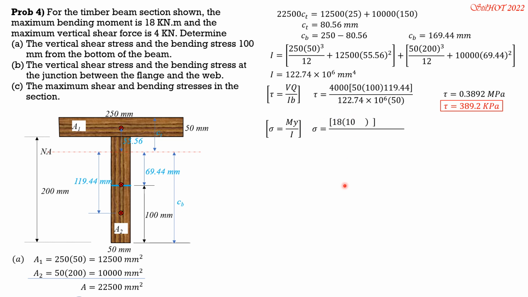So the bending stress at this point or section is 18 times 1000 squared times 69.44 divided by I, 122.74 times 10 to the 6. So cancel 1000 squared and 10 to the 6. So 18 times 69.44 over 122.74, that would be in megapascals, and it is tension at this point.